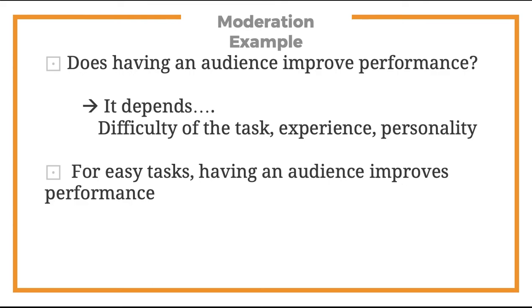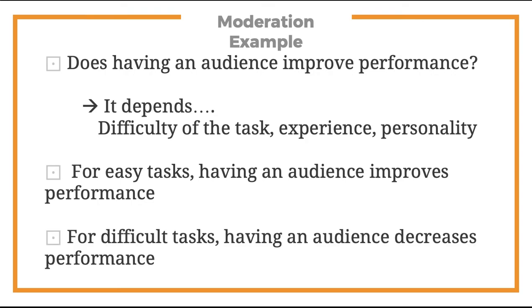So, for example, we might say for easy tasks, having an audience improves performance. Whereas for difficult tasks, having an audience decreases performance. So here you can see that the relationship between the audience and performance changes depending on whether or not the task is easy or hard.